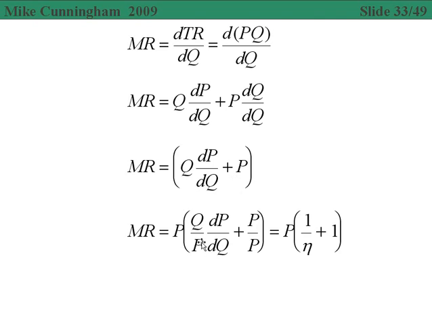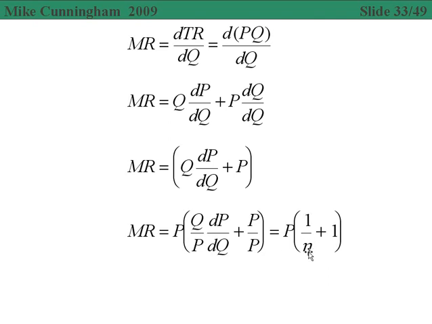Now this one here is interesting because that is the elasticity formula upside down. So marginal revenue is equal to P into 1 over the elasticity plus 1. The P of this one here is 1. So that's 1. And this one here, this formula, if you look back on your elasticity formulas, you'll find that that is the elasticity formula, except it's upside down.